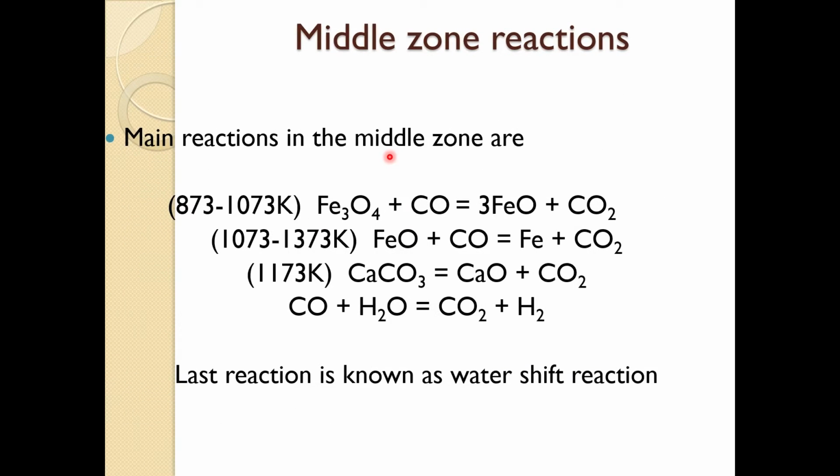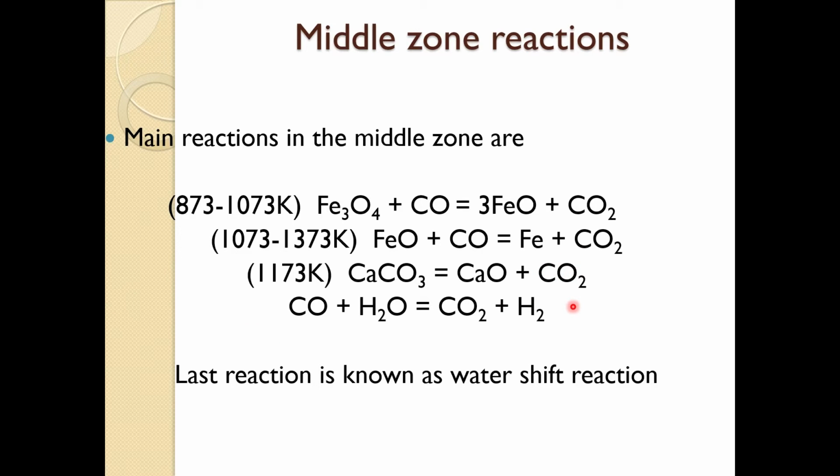And the middle zone reaction is mainly magnetite to wustite, which reduces, and then from wustite to iron. So most of the iron gets reduced in this region, but not all, maybe up to 70% or so. The calcium carbonate decomposes in this region, and this CO2 reacts with the carbon and forms CO again.